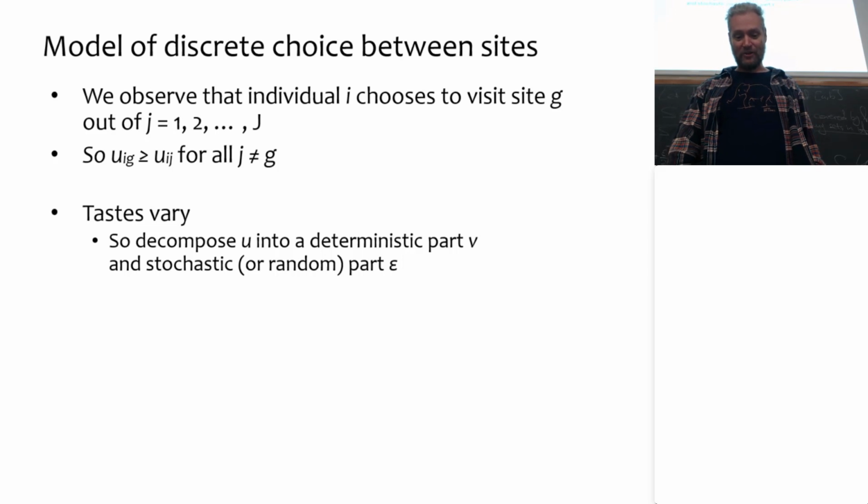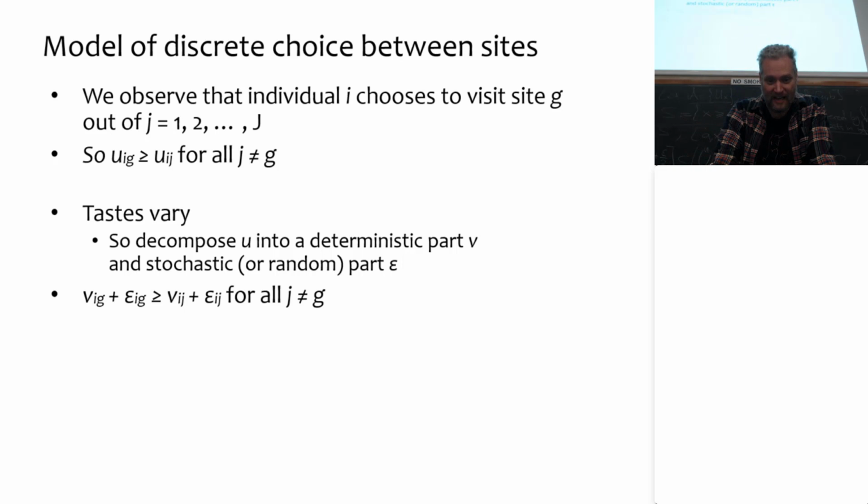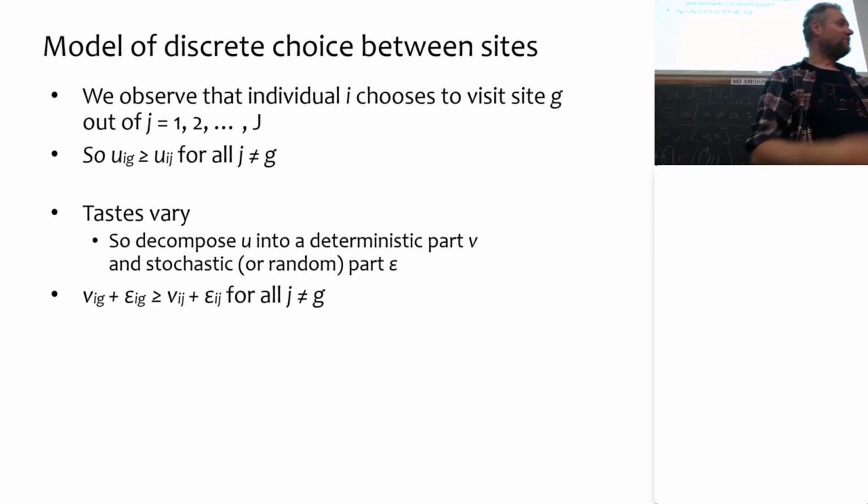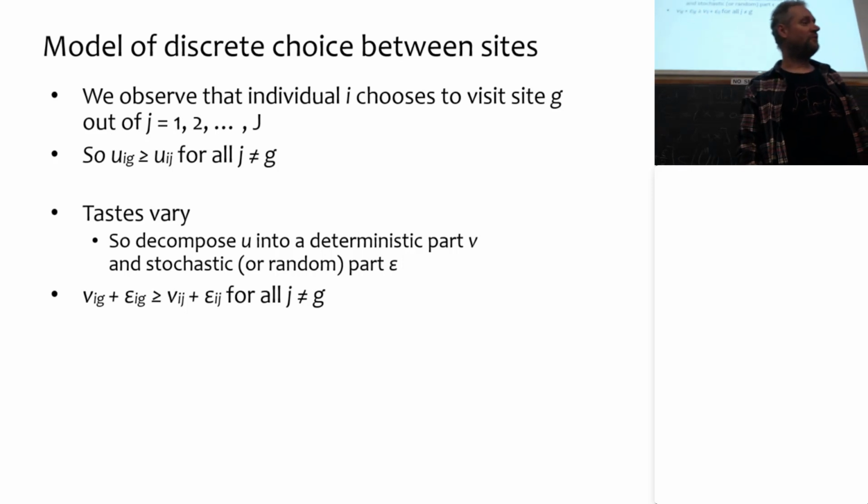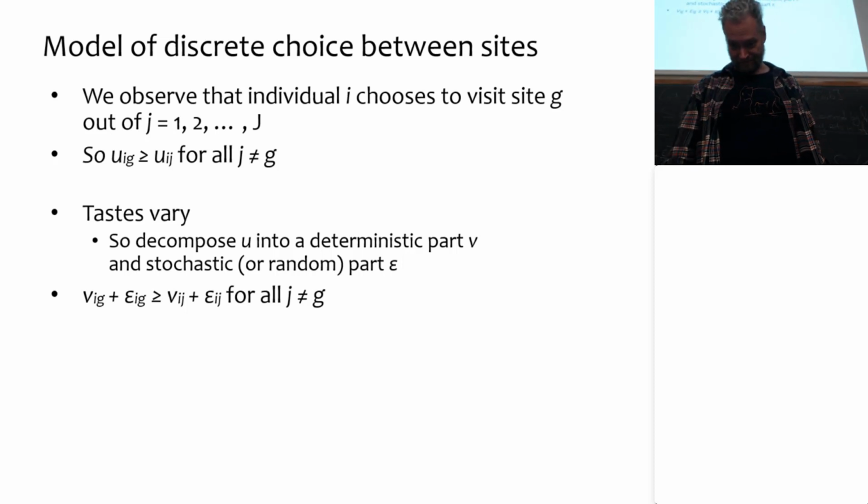We split that U into two parts, a fixed part V and a stochastic part epsilon, and the condition that you see here, that Ug must be greater than Uj, now becomes V plus epsilon of G must be greater than V plus epsilon of J. So that is what you assume.